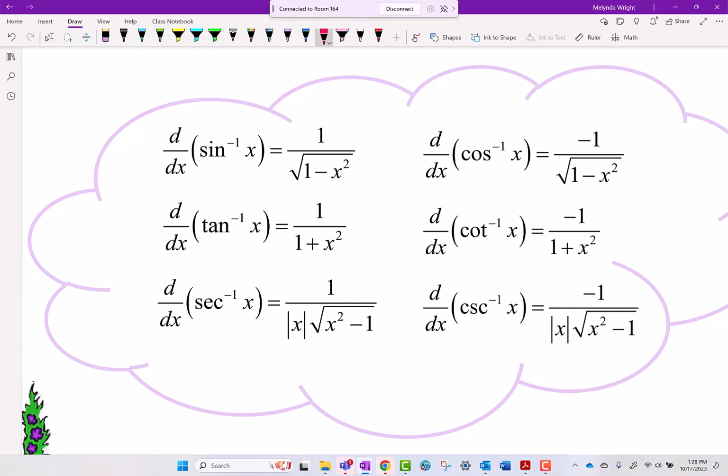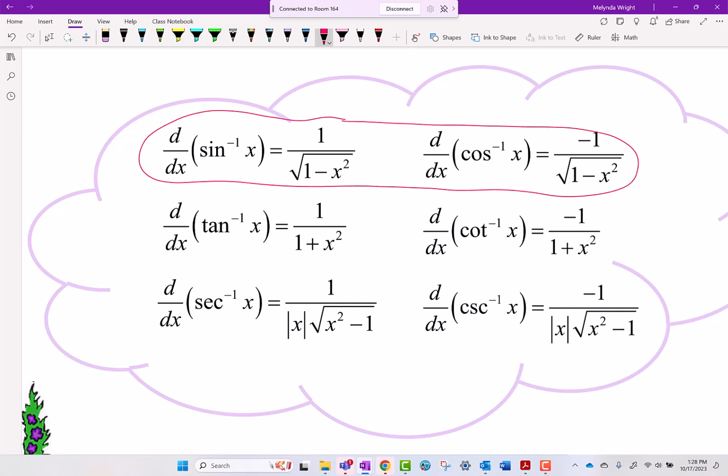Again, what I like to do is walk through and show you how I memorize them. Maybe that'll help you. I pair them together. So these are identical, except, and what do we know about trig functions that start with a C? What are their derivatives? Negative. And notice all of these C functions are negative.